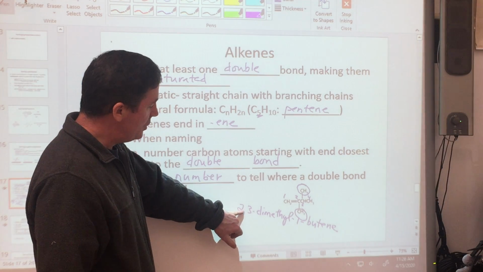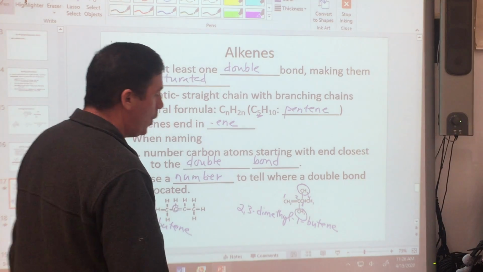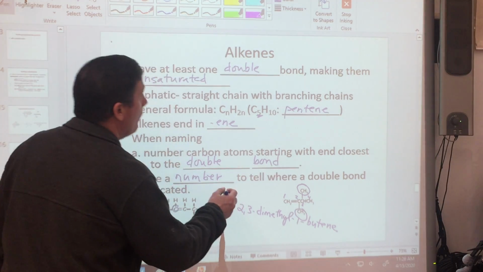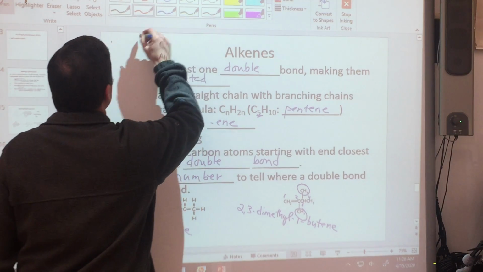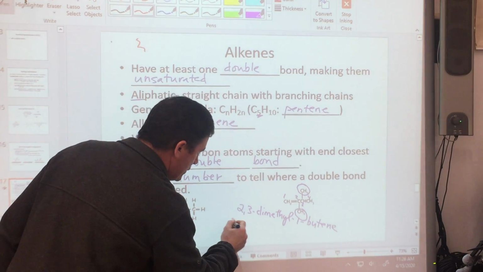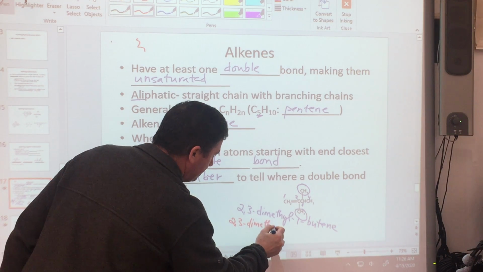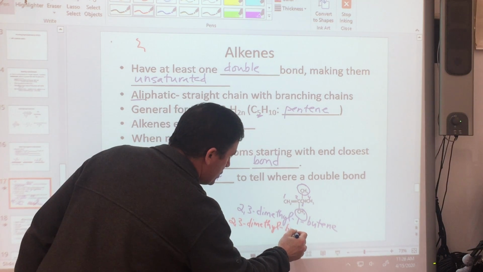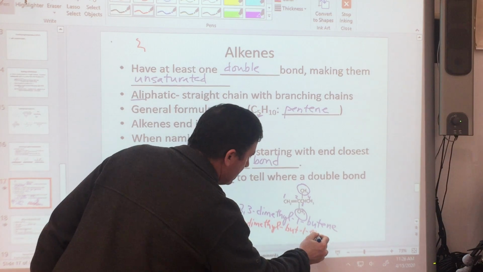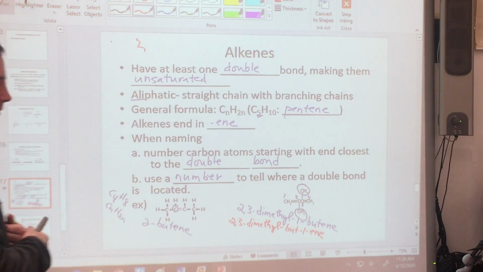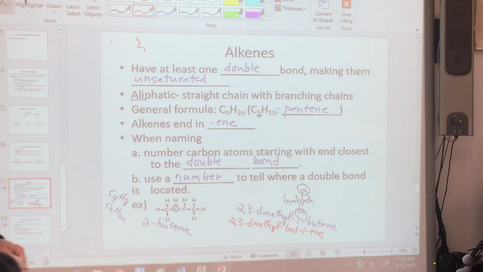Sometimes you'll see this as 2,3-dimethylbut-1-ene. I'll write that one in a different color too. You could see it as 2,3-dimethylbut-1-ene. Okay, so be used to both of those.